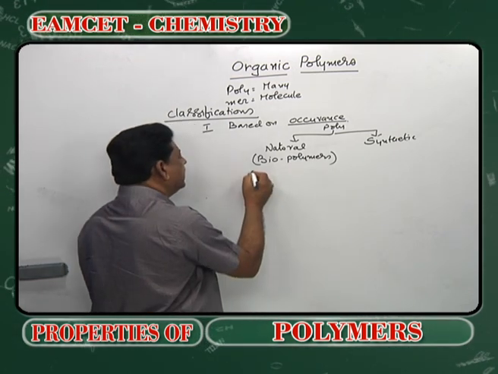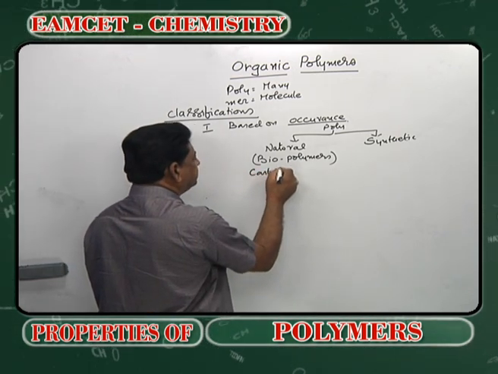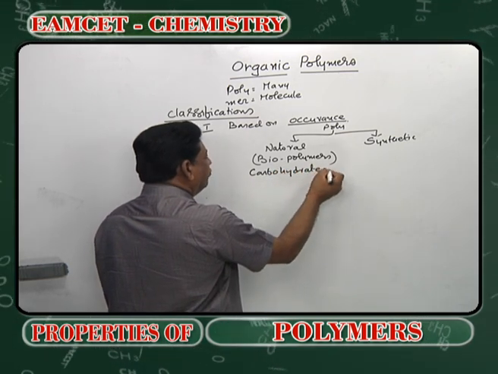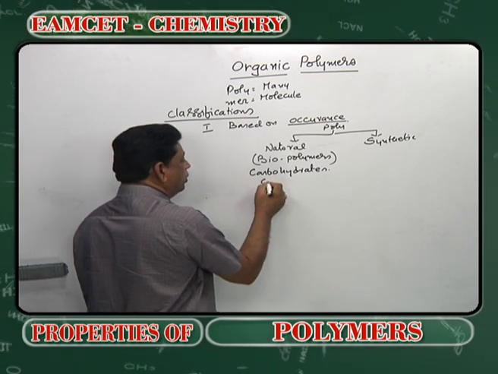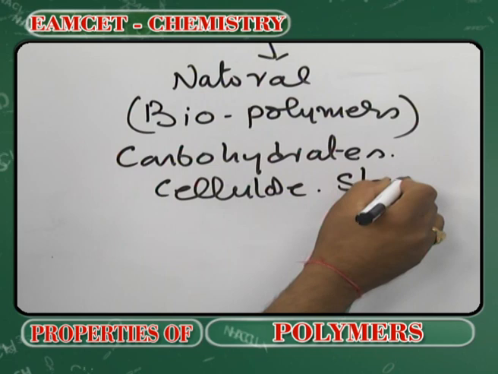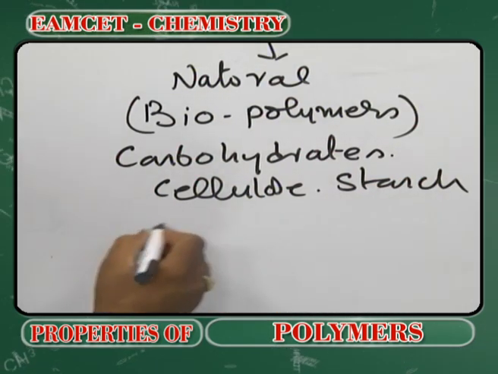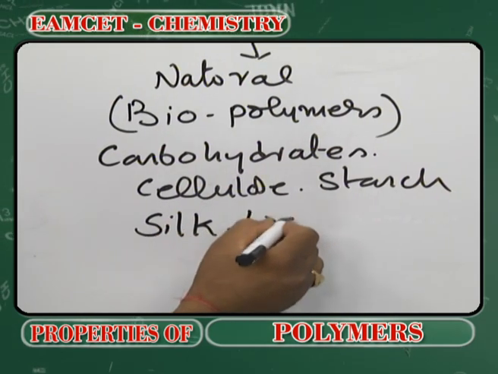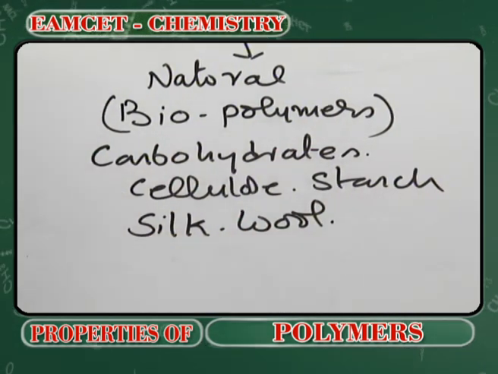Like the carbohydrates in the form of long chains, that is cellulose, starch, and silk, wool, these are all natural polymers.